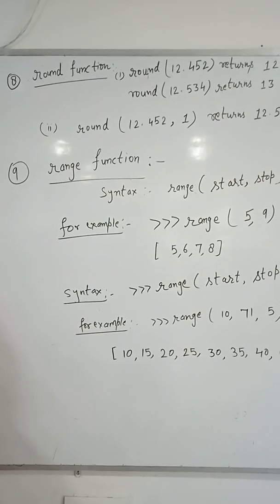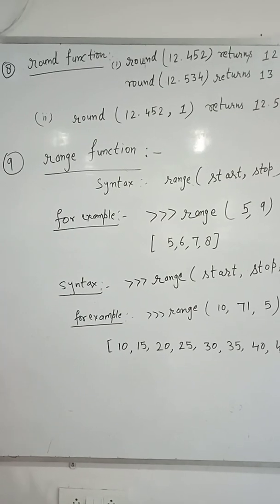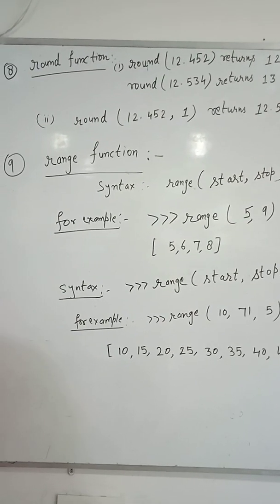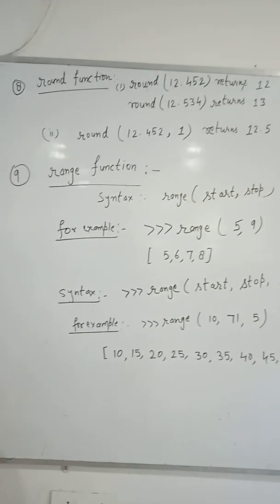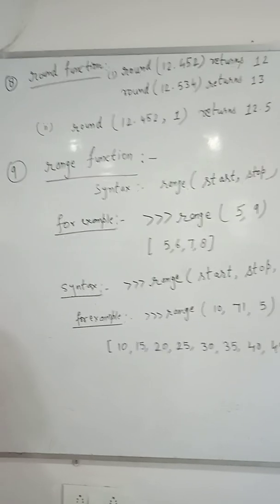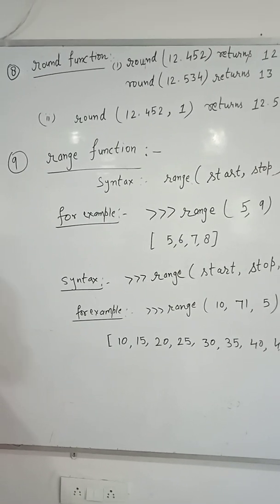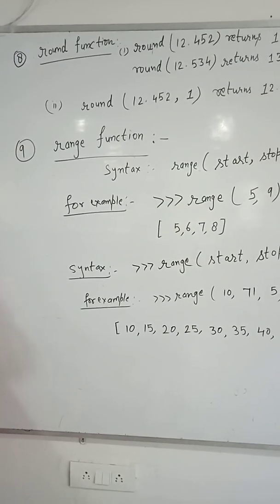The last but not the least function is the range function. As the name denotes, range, it will calculate from the starting value till the end value. Okay students, but keep in mind in Python the last value is end minus 1. For example, we have the end 10. Okay, so the output will come till 9.